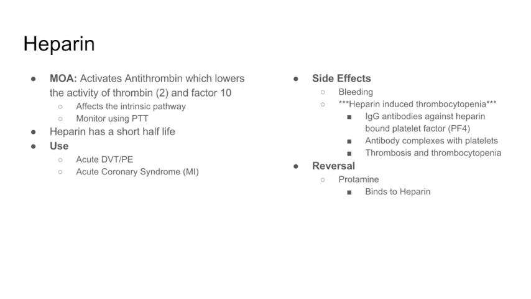It's the late phase, because first, if you're having an MI, the platelets rush in, and after that, the factors come in. And in MI, we want to do everything we can to decrease the propagation of the thrombus. So we can use heparin in a myocardial infarction or acute coronary syndrome.